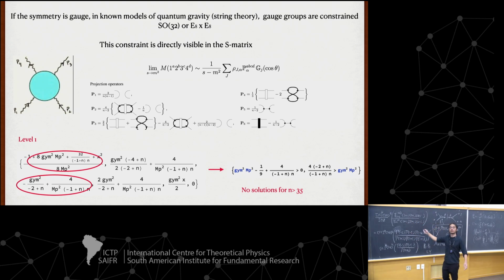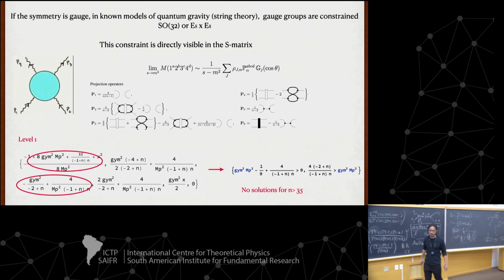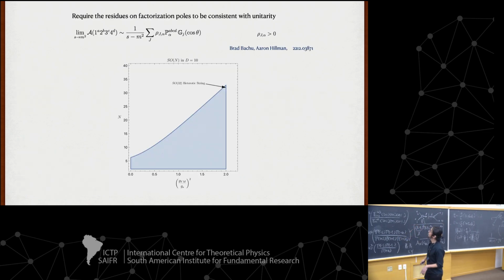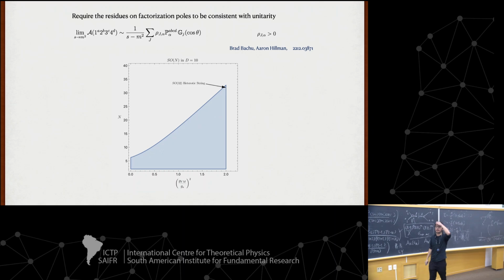I can do level 2, level 3, level 4, and then you get a picture that looks like this, where of course the bound is also related to the ratio between your Yang-Mills coupling and G string, but you see that there's a sharp cutoff in the allowed region of your gauge group, and the string theory answer, SO32, for example, sits exactly at this corner of the allowed space, okay?